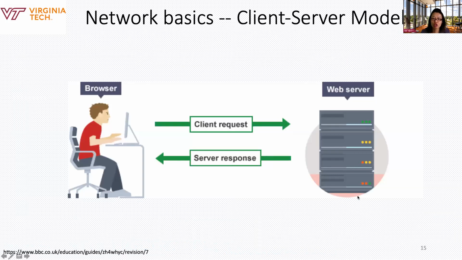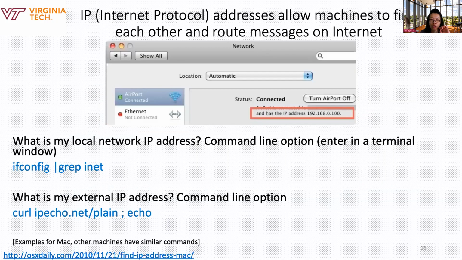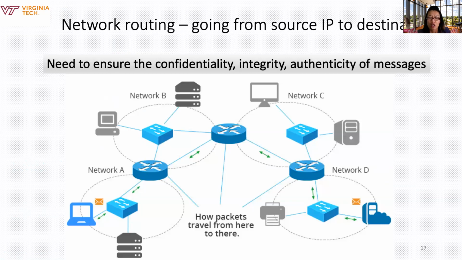Network security is very important. It's a client and server model. Most of the time, it's client and server. Right now, a lot of servers are in the cloud, but you are still a client. Your phone is a client. Your browser is a client, and you talk to a server to get information, to store information. And so you have an IP address. You can find out your IP address. It's very important that there are many entities between you and the server.